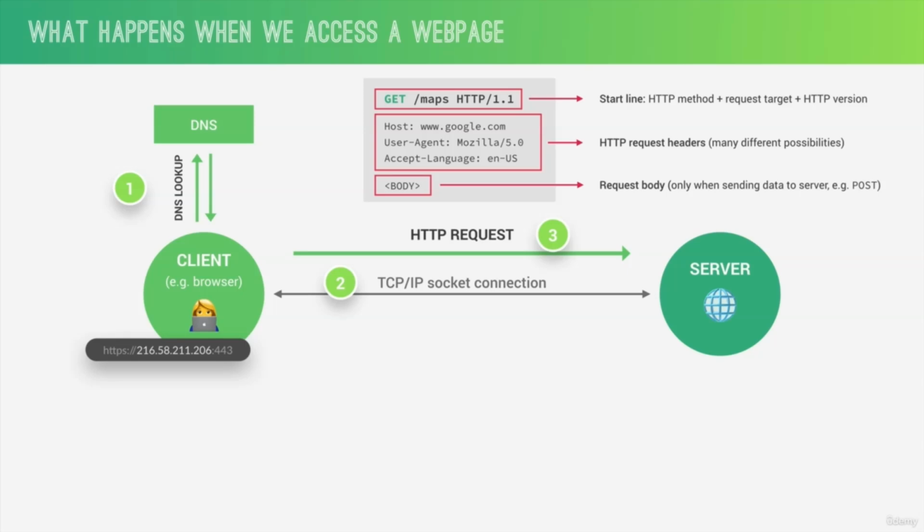Okay? So that is the HTTP request. Now, of course, it's not us developers who manually write these requests, but it's still extremely important that you understand what an HTTP request and also a response look like, because you will be working with them a ton.